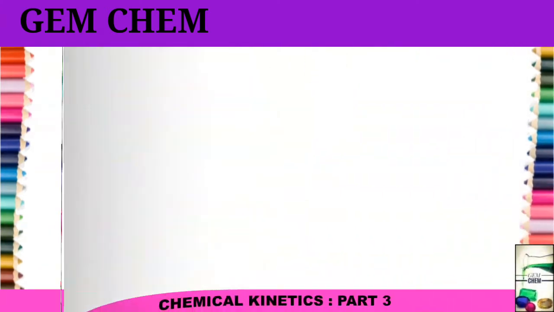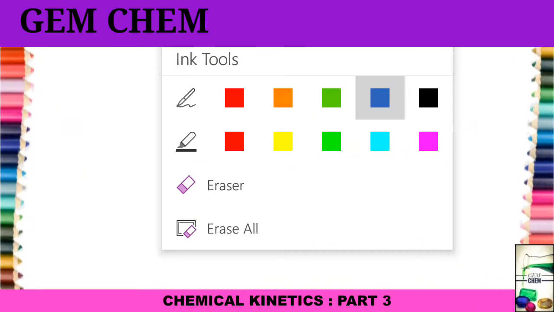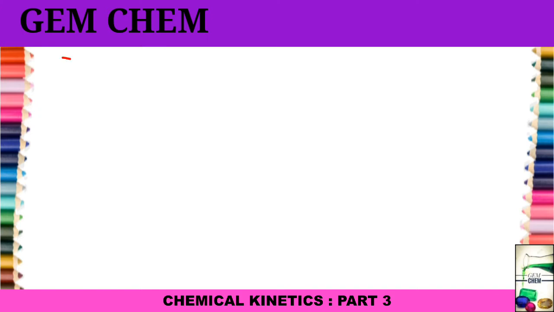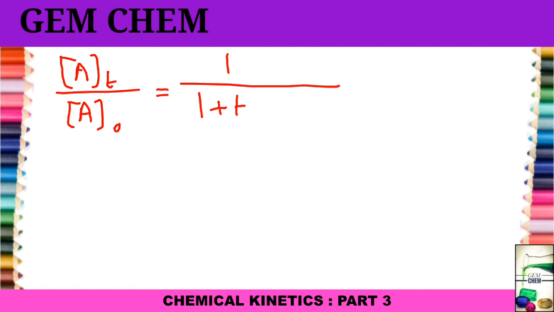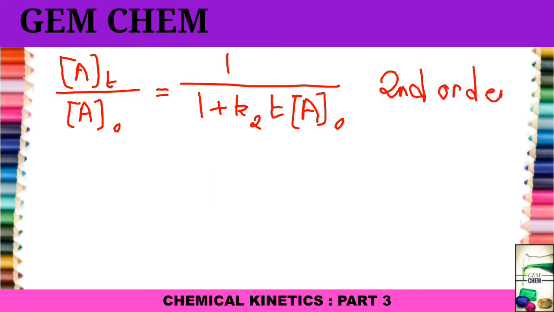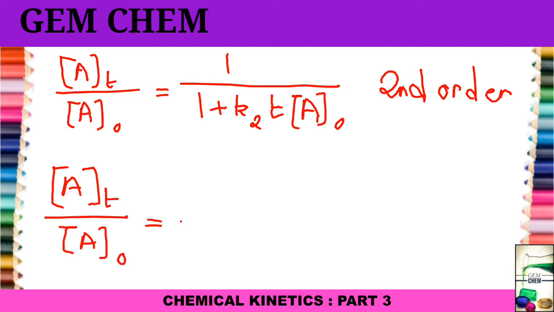Now another point is that we can compare second order with first order. So for second order we can write At by A0 equals 1 by 1 plus K2 t A concentration at time 0. This is for second order. And for first order we can write At by A0 equals e to the power minus K1 t, and we have already seen this.